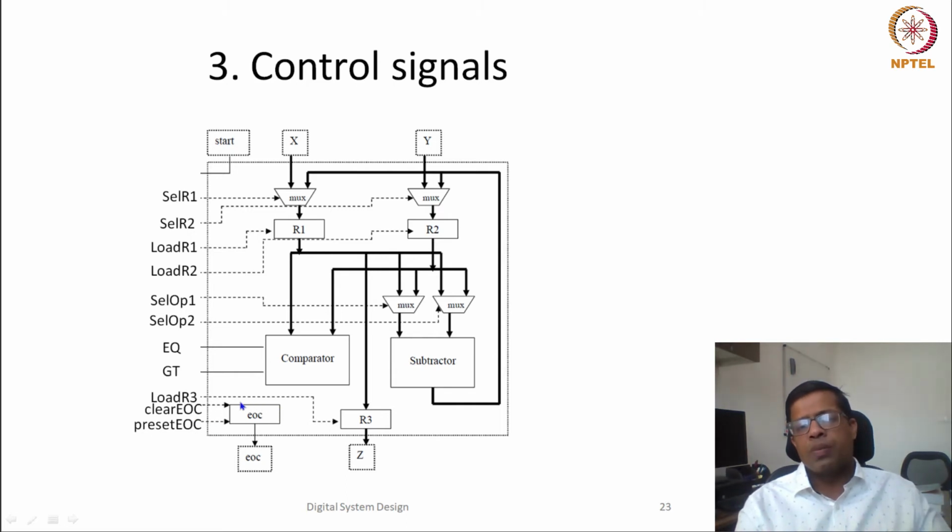So this is a simple asynchronous register: if clear EOC is there it is set to 0, if preset it is set to 1. And similarly, if load R3 is there, then only register R3 would be written, otherwise it won't be written. Okay, so now let us see the state machine also.